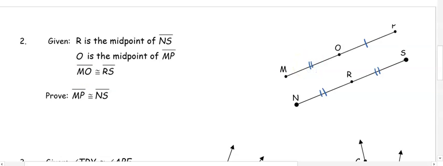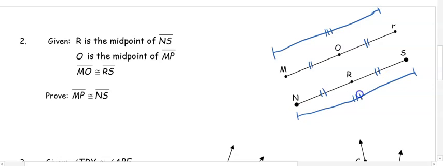And because O is a midpoint, we now know all four pieces are congruent, which means we now know that this whole segment is congruent to this whole segment. And because we have one of our vocab words, midpoint, this is going to be segment multiplication.